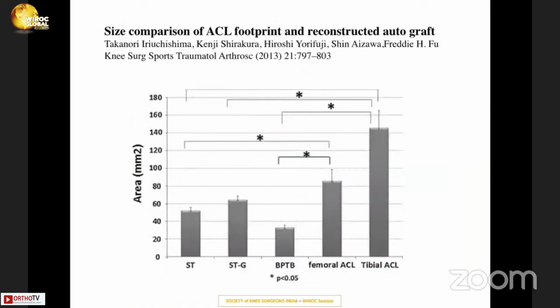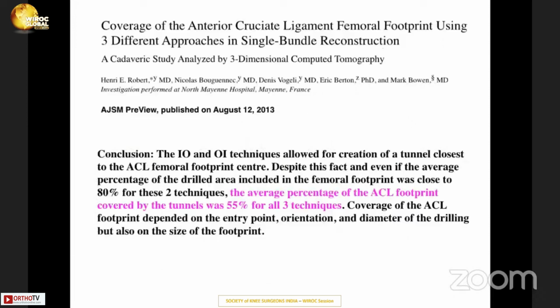So whatever graft we use for a single tunnel, how much is the graft filling the native ACL? A nice article in Sports Health in 2013 shows that the semitendinosus and gracilis combination is the only graft which is nearing the femoral attachment of the native ACL, and none of the grafts, semitendinosus, combined semitendinosus-gracilis, or bone-patellar tendon, matches the native tibial footprint of the ACL.